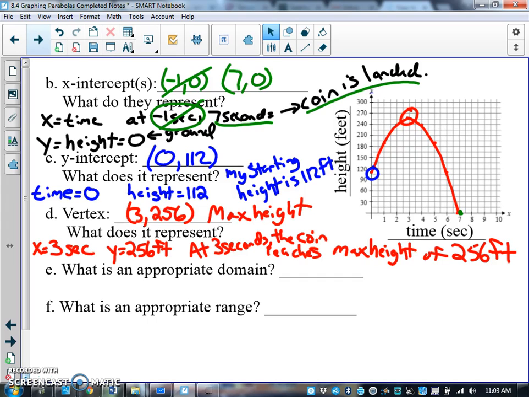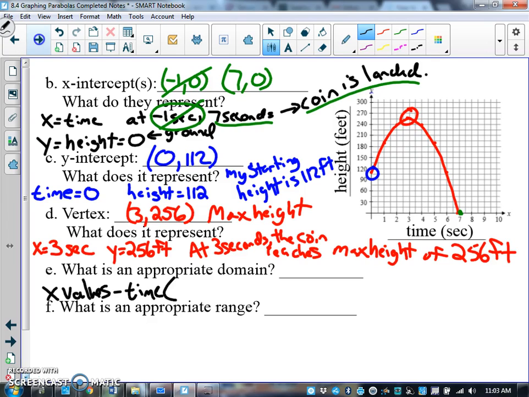What is an appropriate domain? So we're looking at x values, which is our time, and specifically the time the coin is in flight. Well, our minimum time can be 0. I can't go back in time. I can actually reach 0 seconds, so that obviously is going to be a bracket.